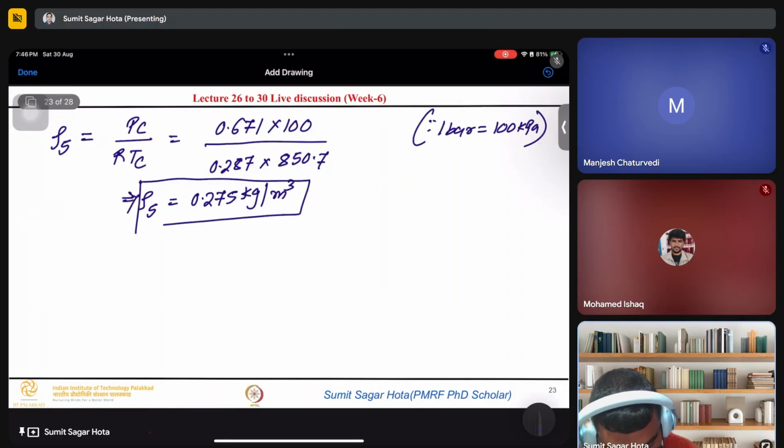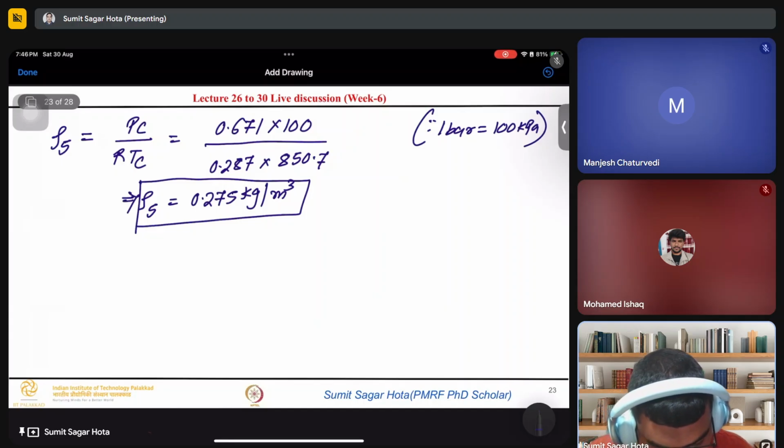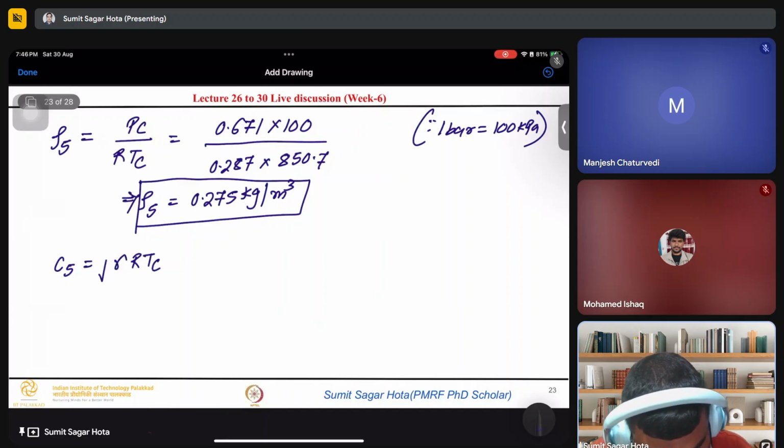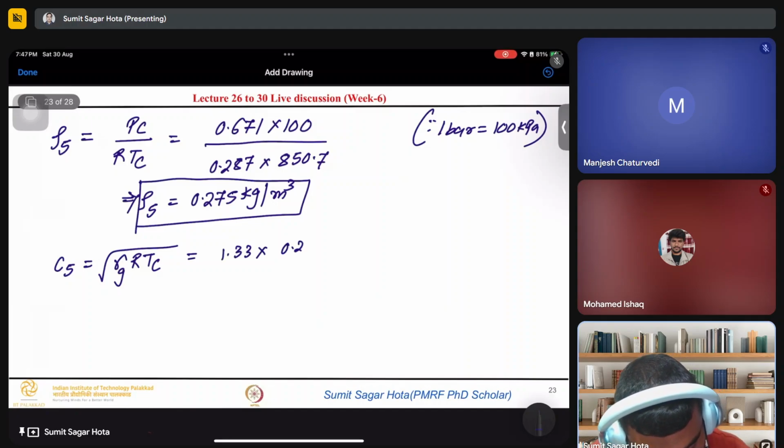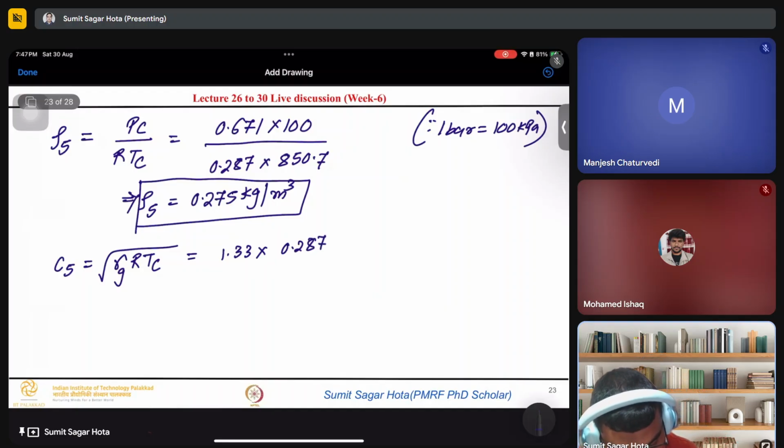Why am I finding this rho 5? We will see that now. Let's find the sonic velocity C5, which is the square root of gamma R Tc. Gamma you know is 1.33, R you know 0.287 for air, and Tc you know 850.7.